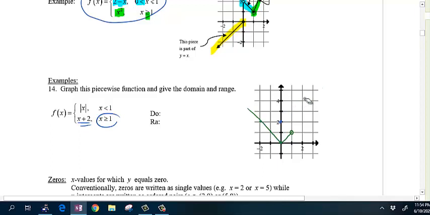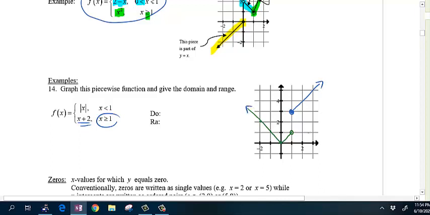Oh wait, don't even start on the y. Start right here and then move up. I believe that should actually be a solid dot. And I better get rid of this solid dot here on the y-axis. I don't want that. This looks like a good graph. This definitely looks like the piecewise function.